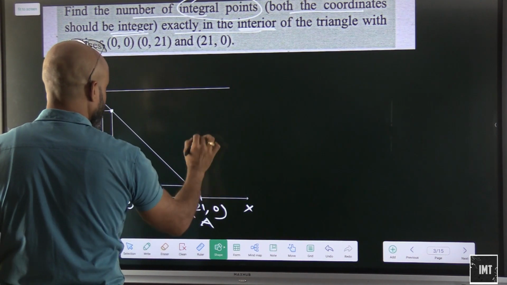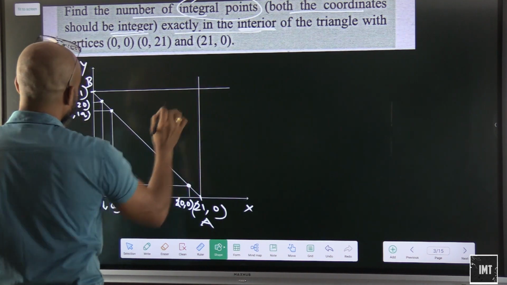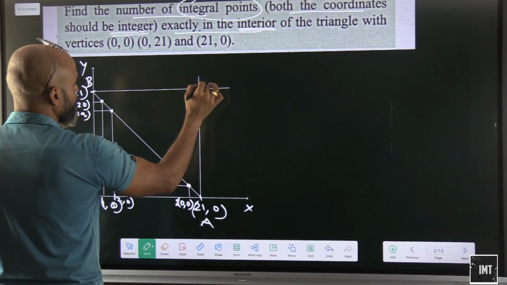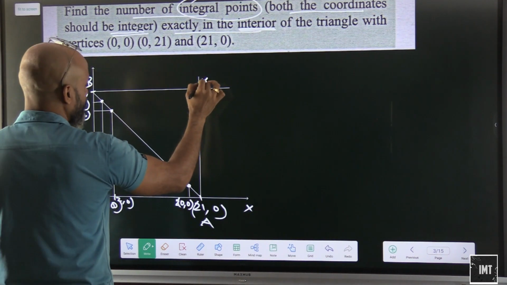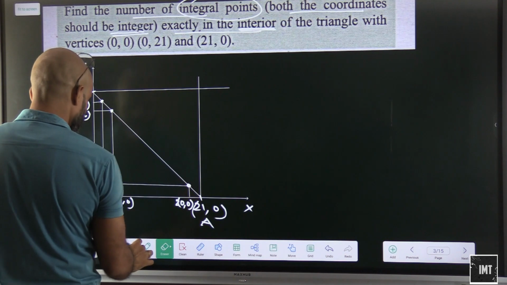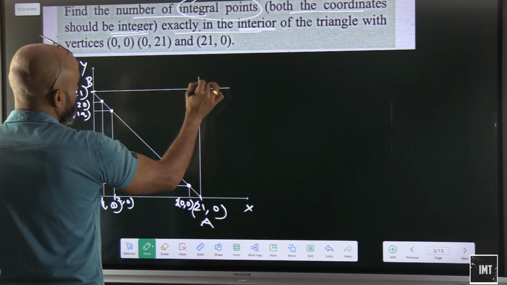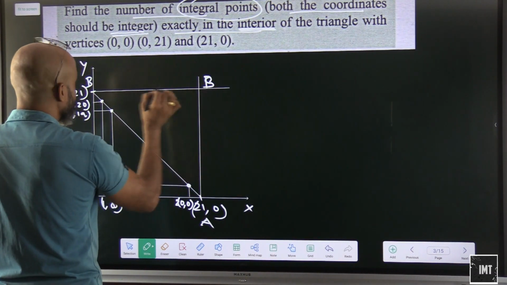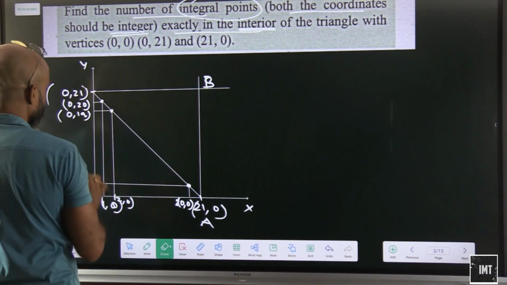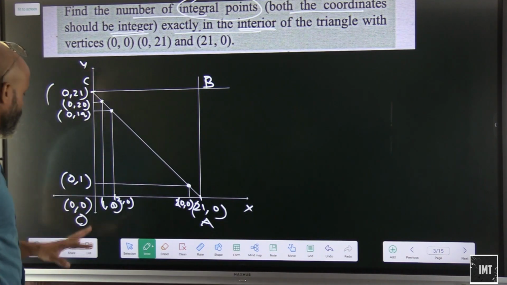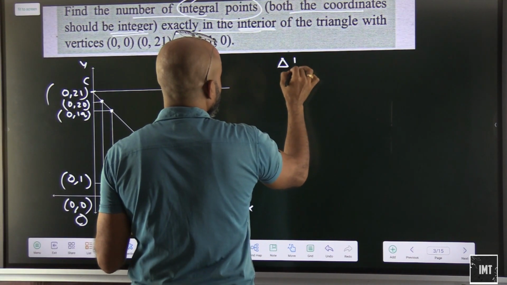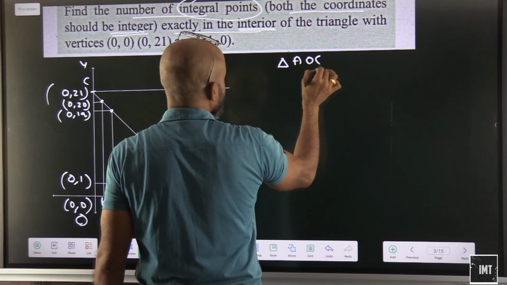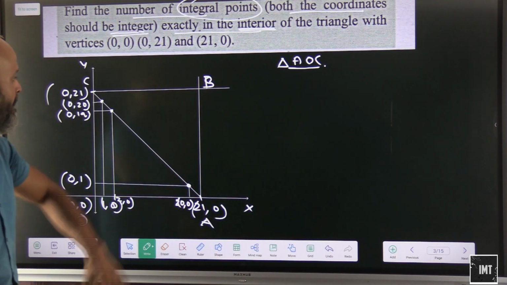We take the axis here, so here it is OAB, and let's name this as B and this as C. So the triangle itself is AOC. We have to locate the points in the triangle AOC.